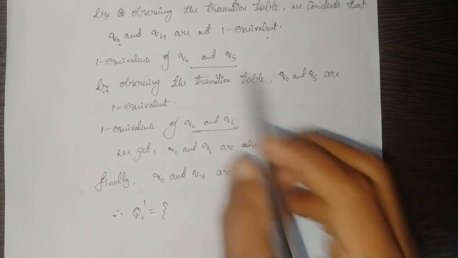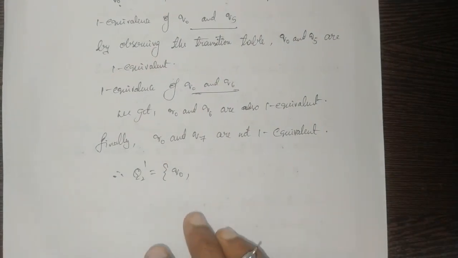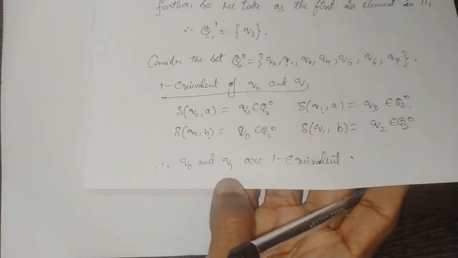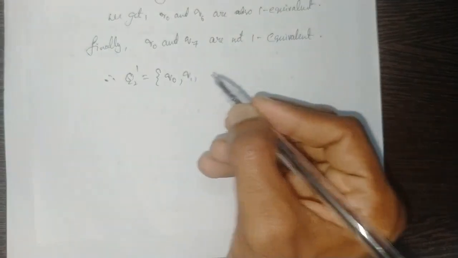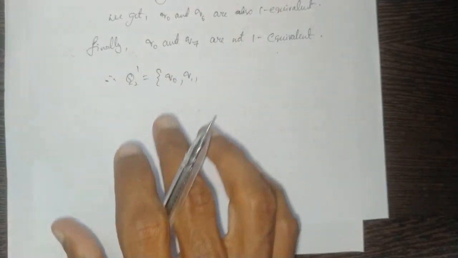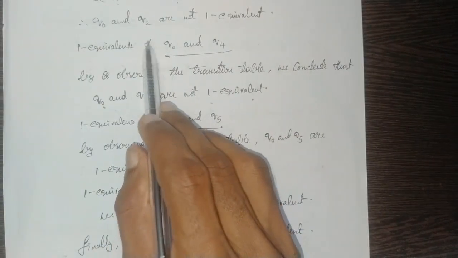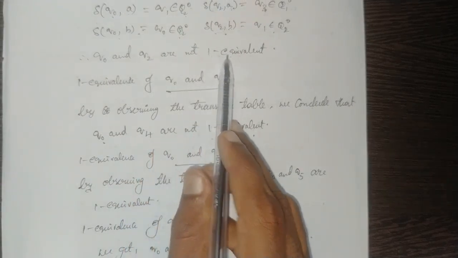So we take a new set, Q2 dash, that has the states which are equivalent to each other. Those elements are Q0, Q1, and Q2. Q2 is not one equivalent.